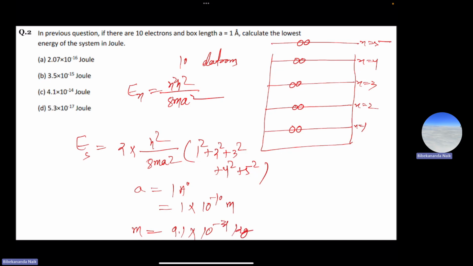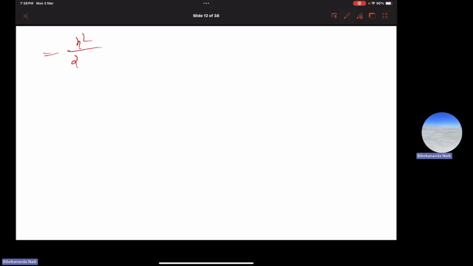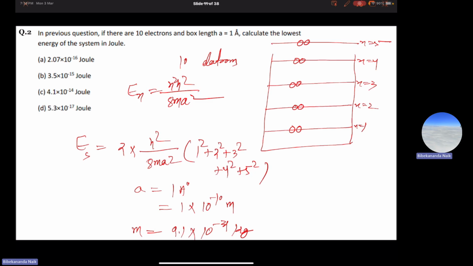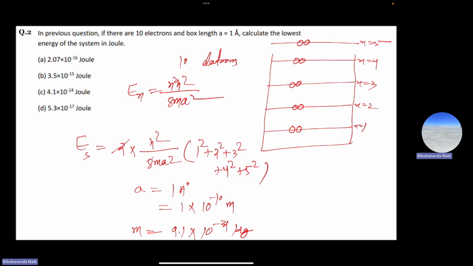So what will be the total energy? The 2 and 8 will cancel, it will be 4.